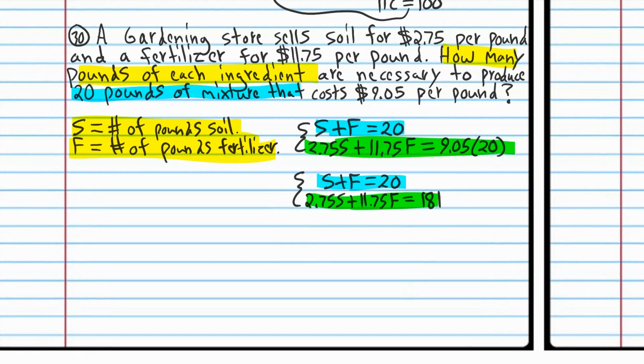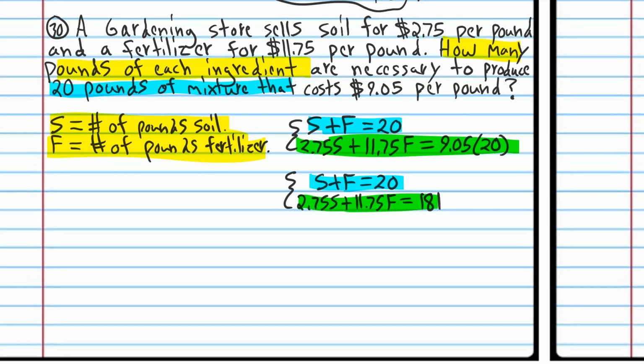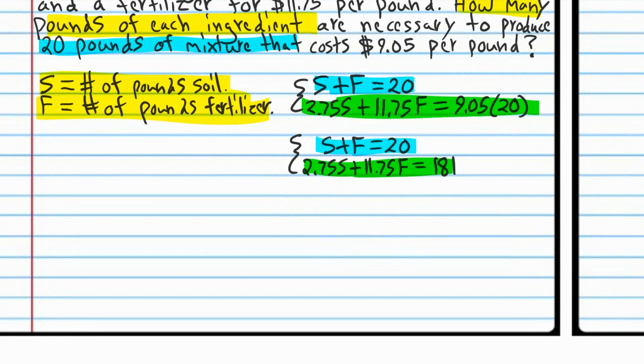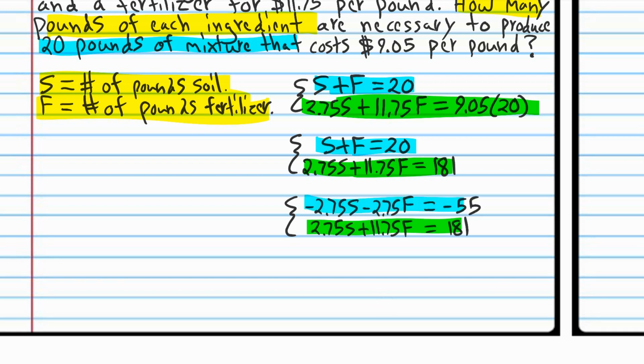And everything looks right. So now I'm going to eliminate the S. Multiply the top equation by negative 2.75. 2.75 times 20 is negative 55. 181 minus 55 is 126.